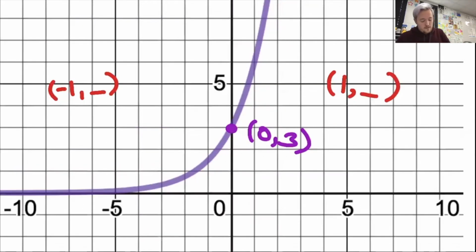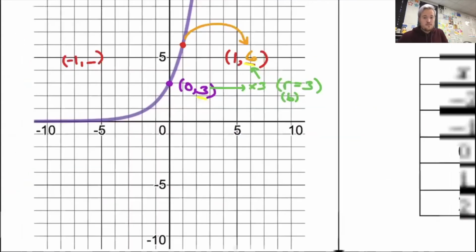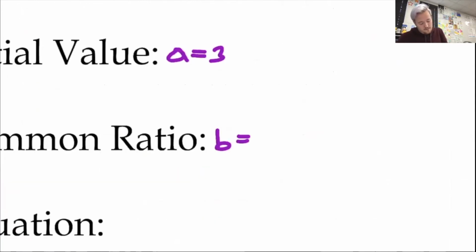If I go over here to 1 comma something, this is going to be 1, 6. In order to find the common ratio, we're looking at a multiplier. So we're looking to see how do I go from 3 to 6? What do I multiply by to go from 3 to 6? Well, I'm going to multiply by 2 in order to get 6, which means my ratio here is 2. So remember, your ratio is also your b value. All right, so my b value down here is 2.